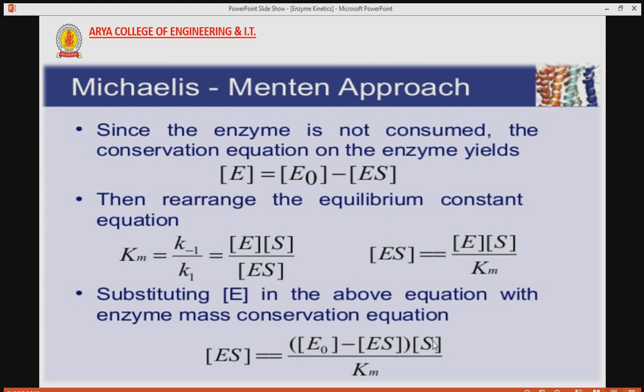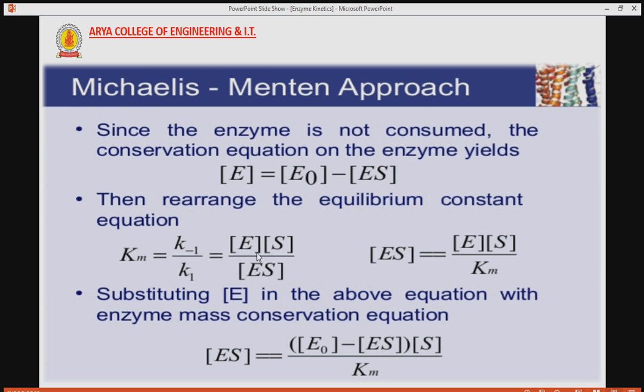Again here we will utilize the conservation equation, that the enzyme is not consumed. Here the total enzyme is given by E naught equals free enzyme E plus enzyme involved in substrate complex formation. From this we get free enzyme equals total enzyme minus enzyme-substrate complex.